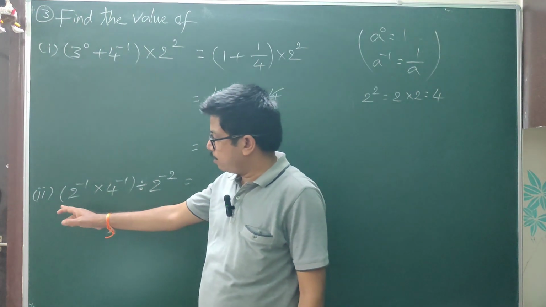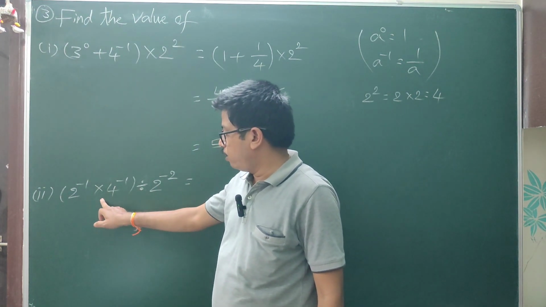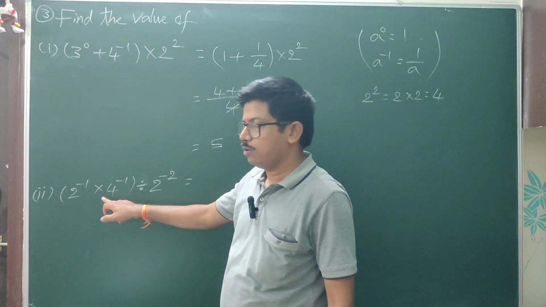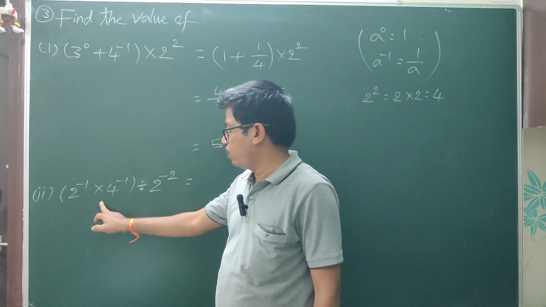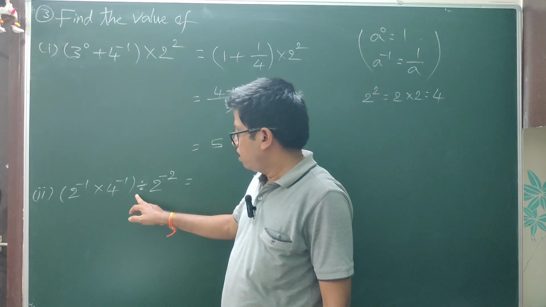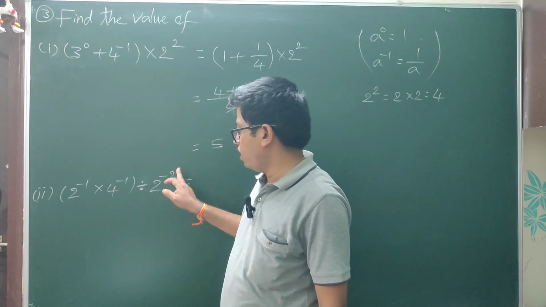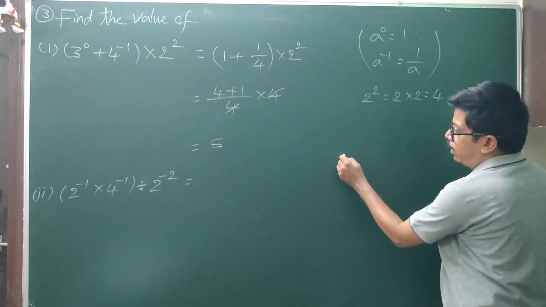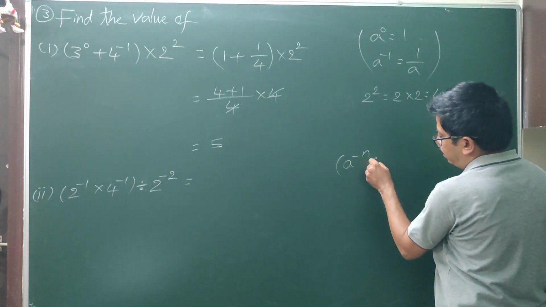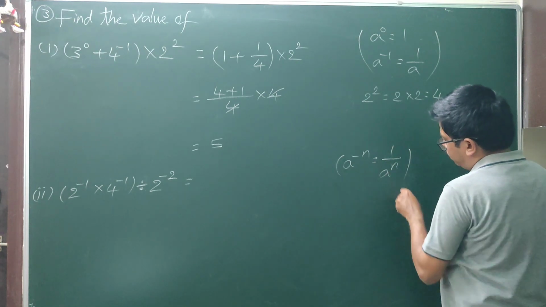In the second question, 2 power minus 1 into 4 power minus 1 whole, divided by 2 power minus 2. So let us see the formula. A power minus n equal to 1 by a power n.